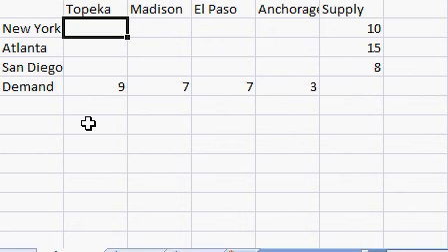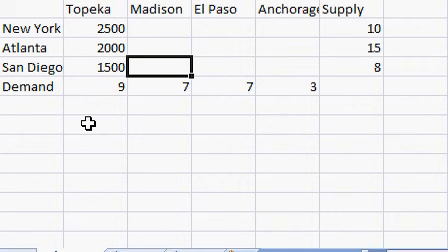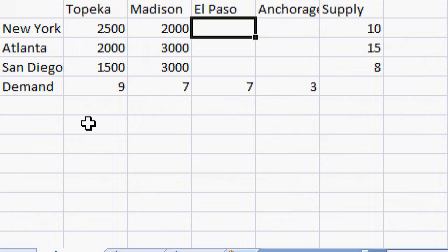And so I'm just going to make some estimates off the top of my head. I'm guessing this is about 2,500 miles, maybe 2,000 here, 1,500. So be 3,000, 3,000, and 2,000. New York to El Paso.